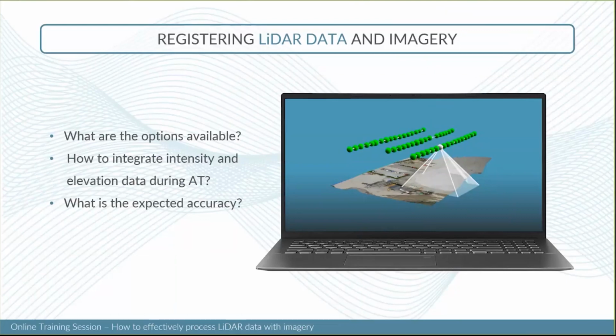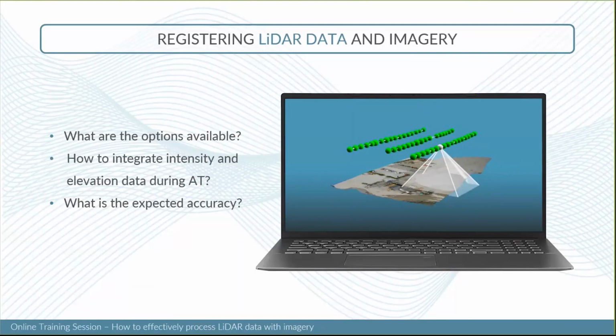Depending on the quality of the intensity that you have, you may be able to bring in your intensity during your project creation, and we'll try to do feature matching when we extract the tie points with the intensity. So we'll try to find common elements from the intensity layer through the images and find common tie points to register both sources together.